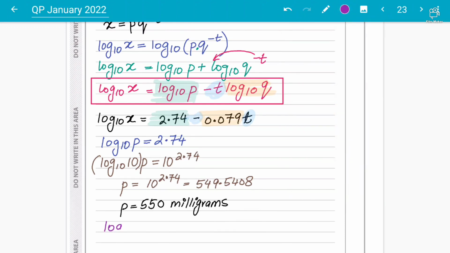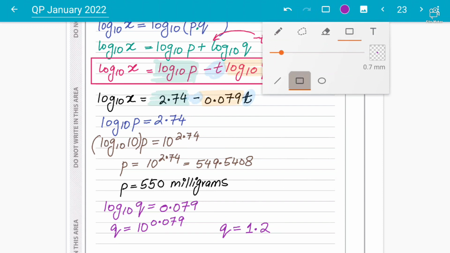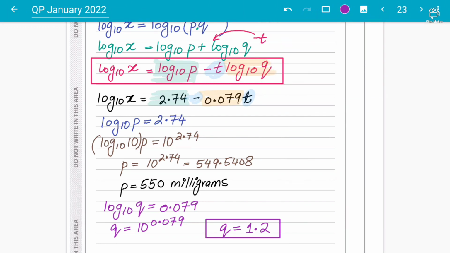So you work out again that the Q value will be 10 to the power of 0.079, because to make the bases the same, 10 power 0.079 gives me the answer 1.199. So it can be reduced to, because of two significant figures, Q value will be called 1.2. Students, you can do this in your calculator.